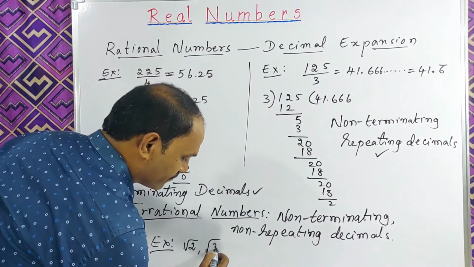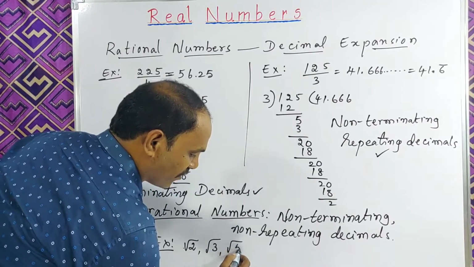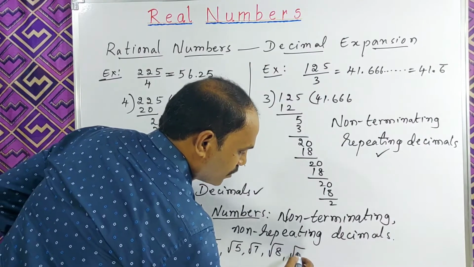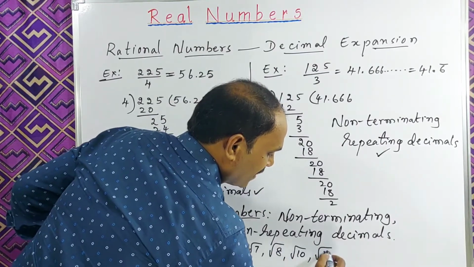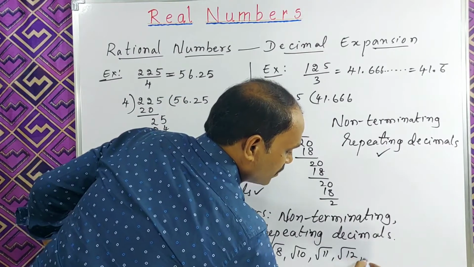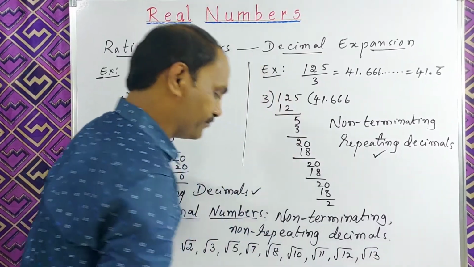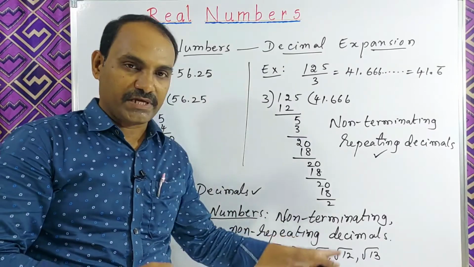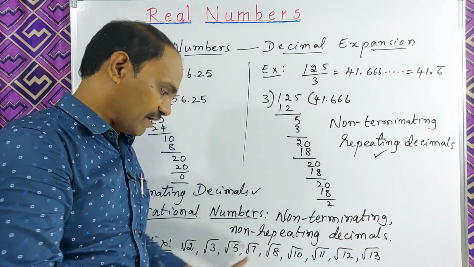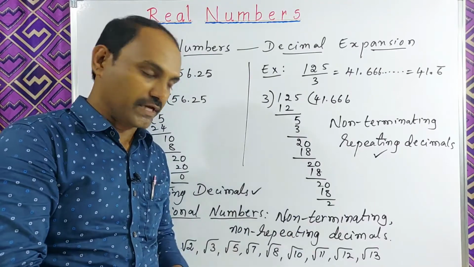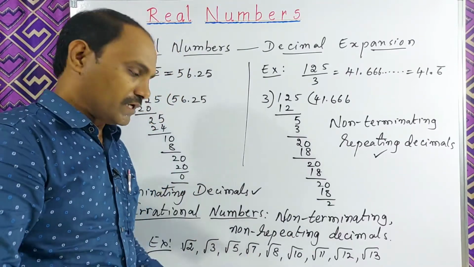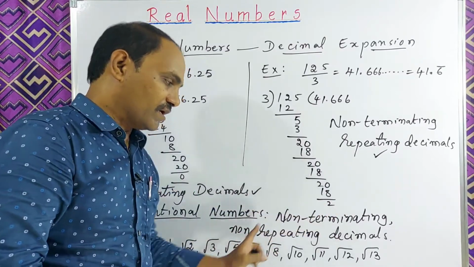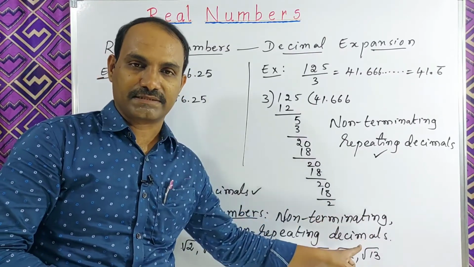Root 3, root 5, root 7, root 8, root 10, root 11, root 12, root 13. When you find the values of all these, their decimal expansions are non-terminating, non-repeating decimals.